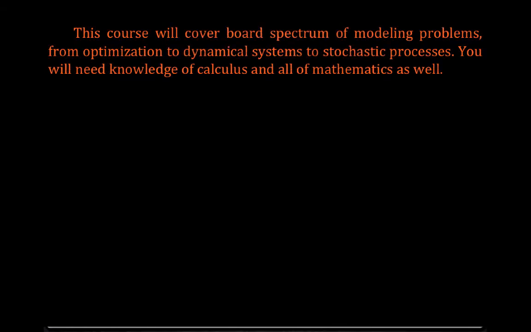Now, let me talk about the course. This course will cover the whole spectrum of modeling problems from optimization to dynamical systems to stochastic processes. You will need knowledge of calculus and algebra as well. If you look at the first few chapters of the book we use, you see we have optimization problems.